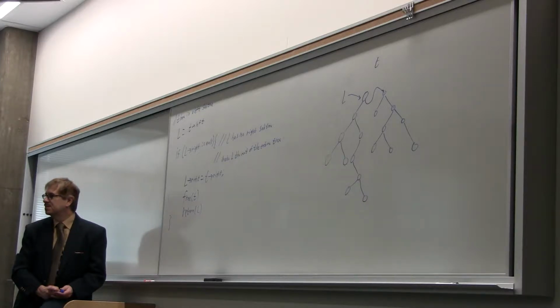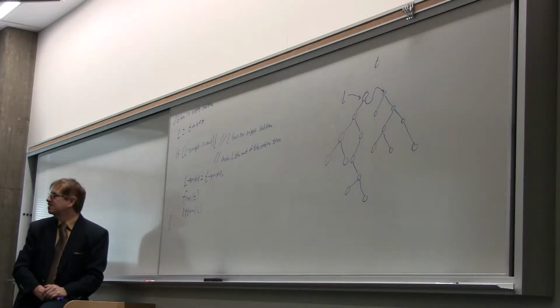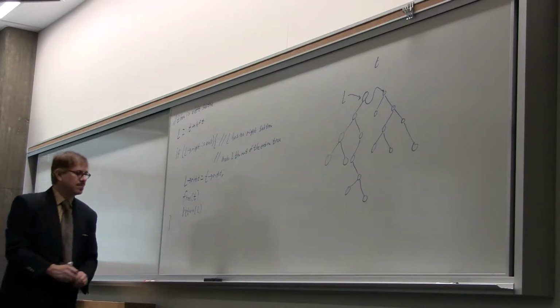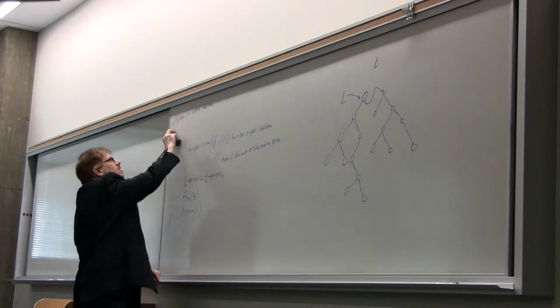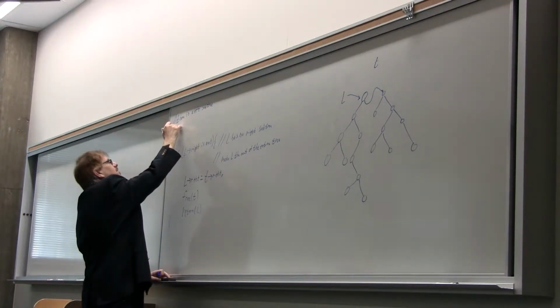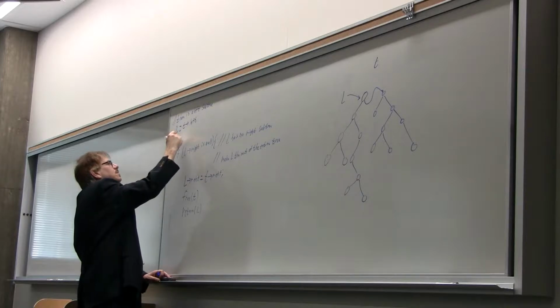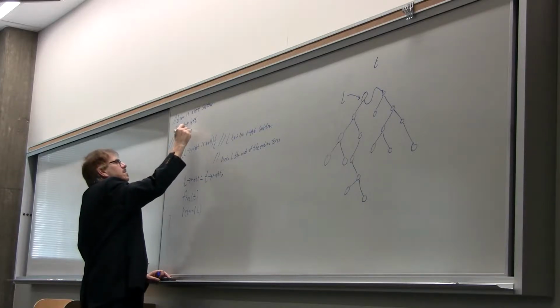So that's another case. The last case is when L right is not null. So this last case, there's a left subtree. I shouldn't have deleted that. L equals T left, and L right is not null.